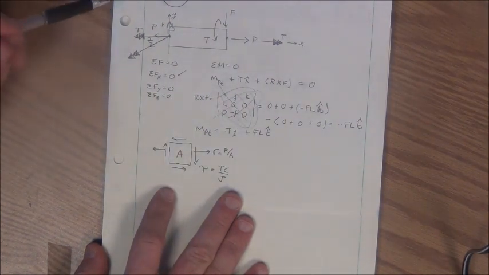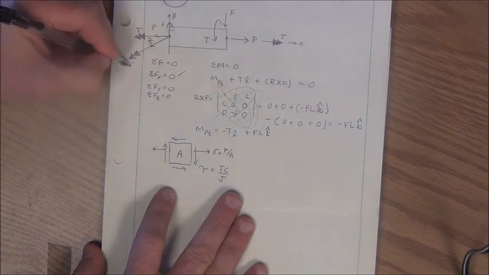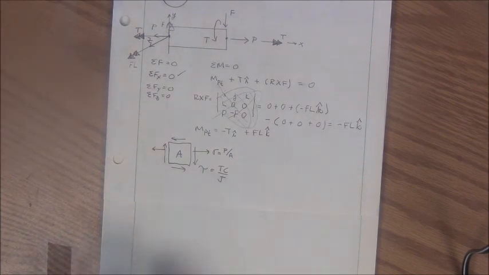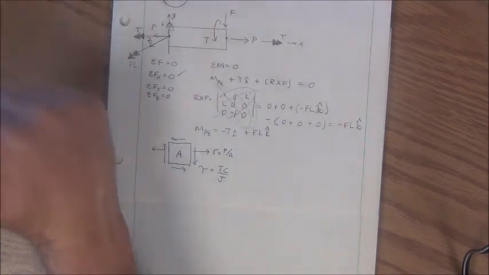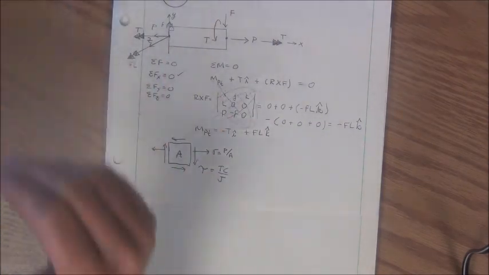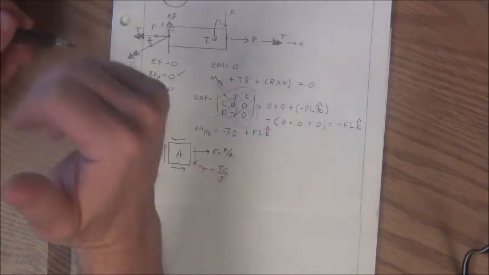TC over J. So tau is equal to TC over J. Now my last reaction load to consider is this moment FL about the z-axis. And this moment is trying to bend my beam. It's trying to bend my beam up. The reaction is trying to bend it up.